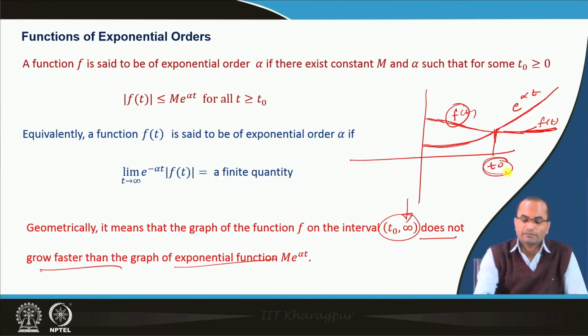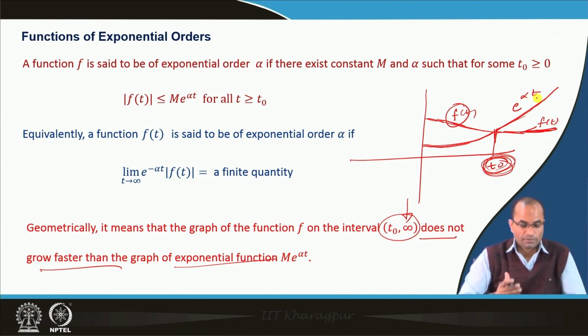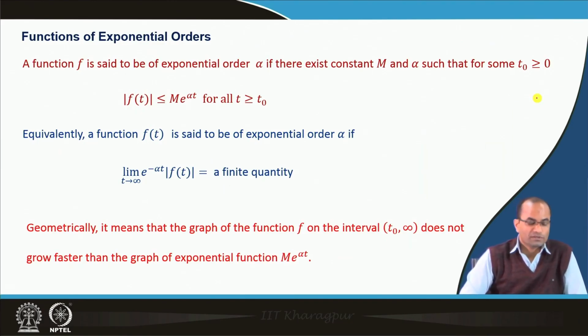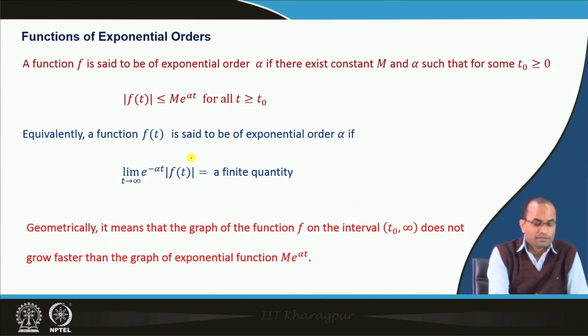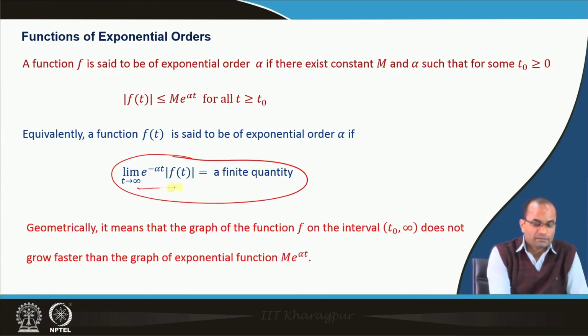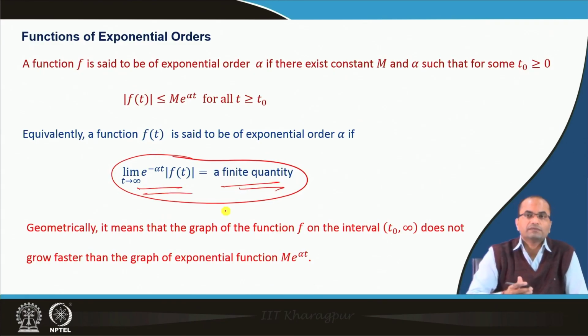So, from that t₀ onward, the graph of the exponential function is above the graph of f(t). That is what we call functions of exponential order. For testing this, the definition is very useful: we compute this limit, and if it is a finite quantity, we say that the function is of exponential order.